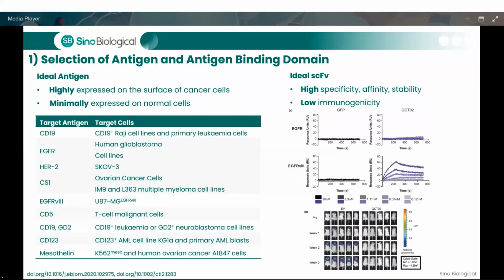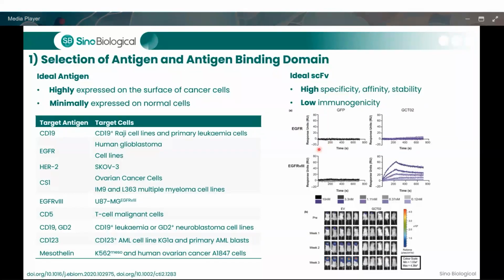After the selection of the appropriate antigen, how to develop the corresponding scFv is also very important. It requires high specificity and affinity to ensure efficient recognition of the cancer cells. To this end, the binding affinity needs to be tested before the scFv can be constructed into the CAR molecule.